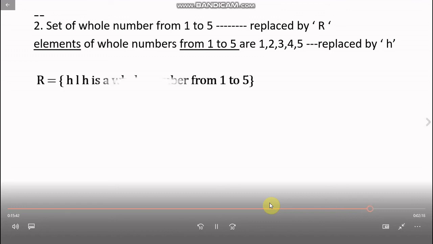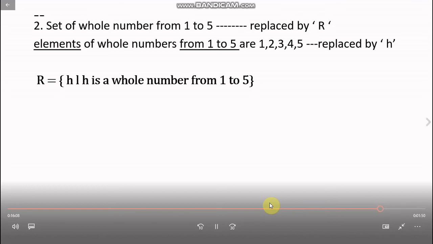To write in set builder form, again, use capital letter R as a replacement of the set statement. Then observe the brace. Then H for the replacement of the elements 1, 2, 3, 4, 5, such that H is a whole number from 1 to 5.